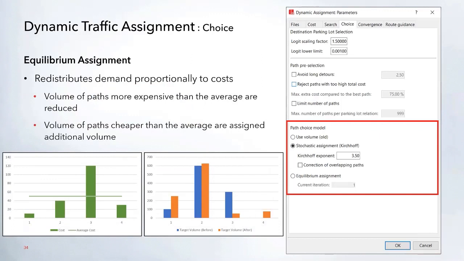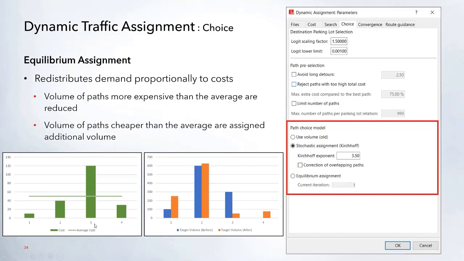And then the second option here for assignment is the equilibrium assignment. This is going to take the demand and redistribute it proportionally based on the cost values. If you take a look at this green chart here, we have 4 different paths, and we have an average cost, which is set at about 50. As you can see here, path number 3 is more expensive than the average.